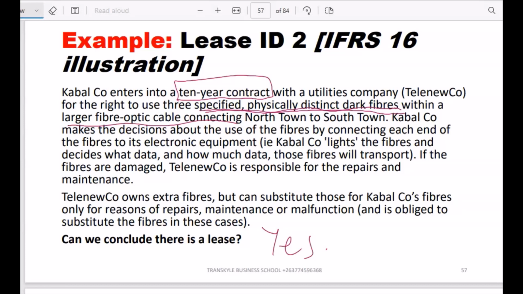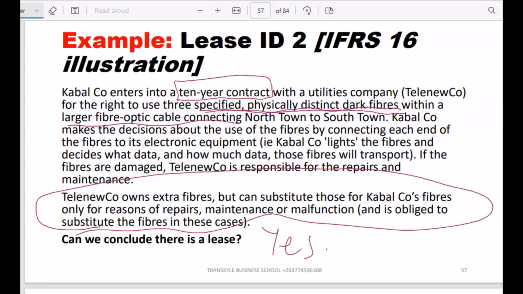Now there is an issue that might confuse us, where the lessor has some bits and pieces of intervention, where they interfere when it comes to repair and maintenance.